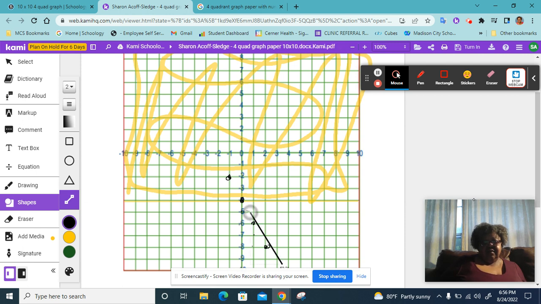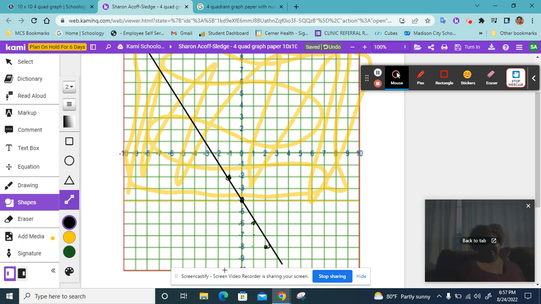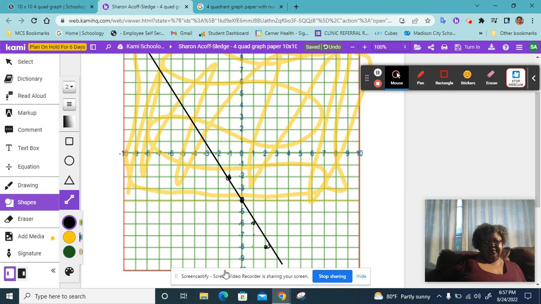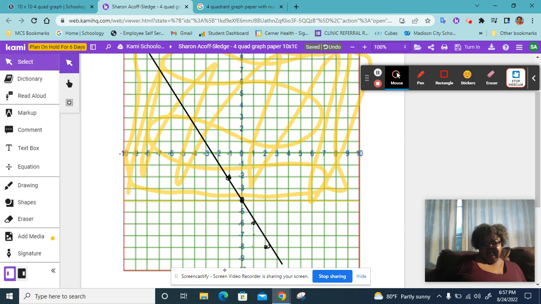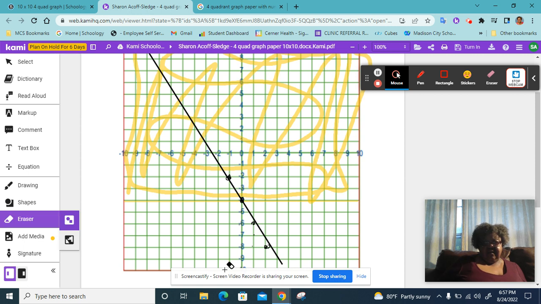here through these points. And hopefully they are accurate. It's not quite accurate. Let me delete that line and try it again.